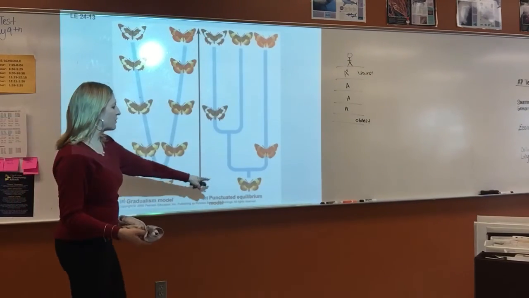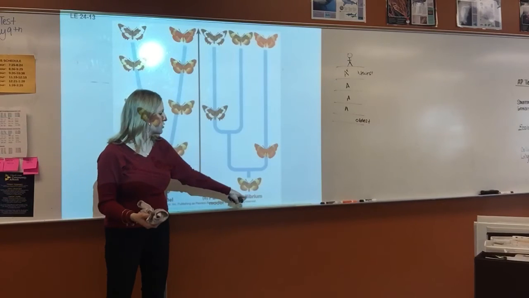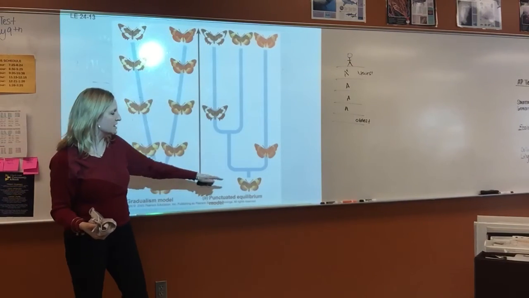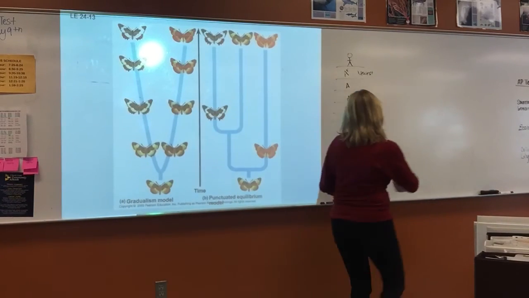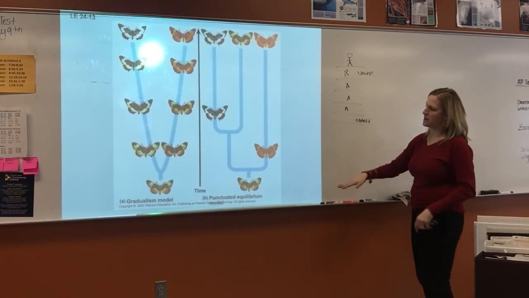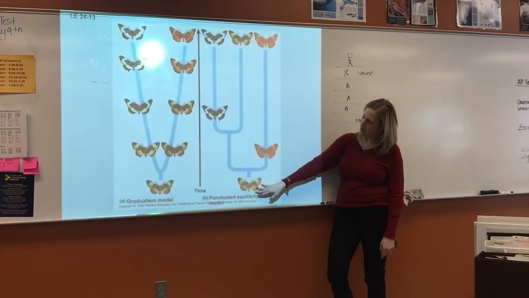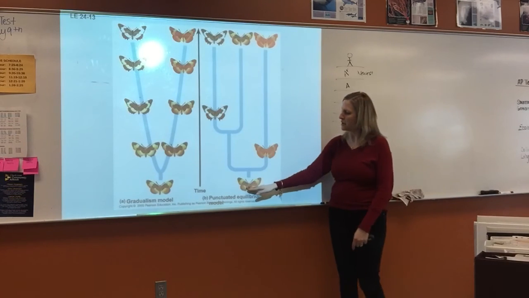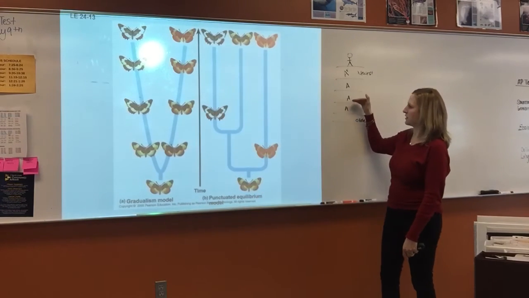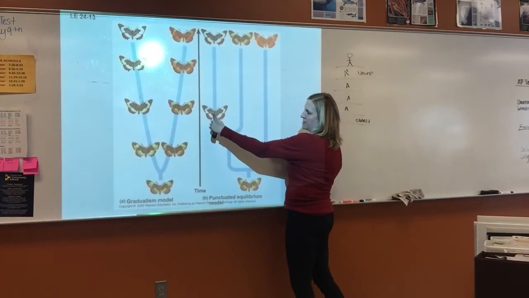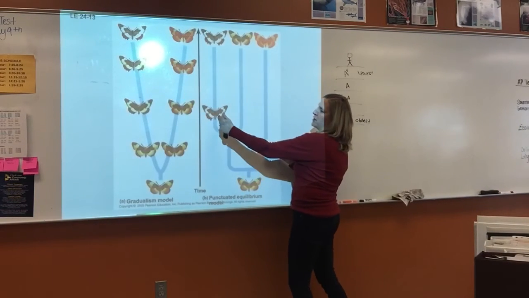On the right hand side, it shows punctuated equilibrium, and this is time, oldest to newest. They're using butterflies as an example, but realistically we would use the fossil record. So we have this older species that's found, let's say, in the oldest fossil record. And then as we look at the fossil record, all of a sudden we see this species and this species, and they appear suddenly.